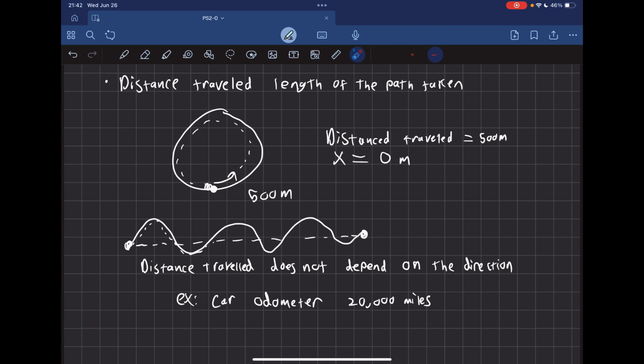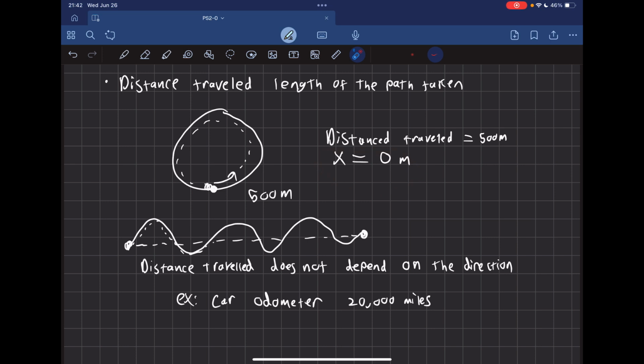Let's say the length of this track is 500 meters. Your distance traveled would be what you would expect, 500 meters. But your displacement, when you come all the way back around and end where you started, is 0 meters.